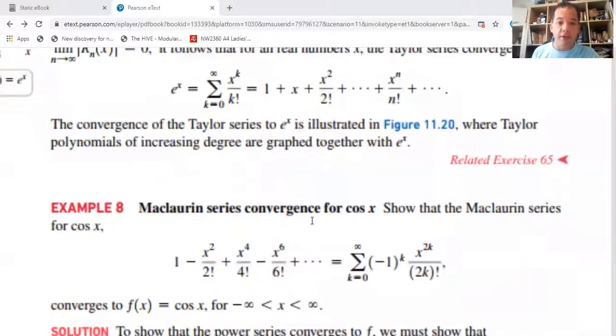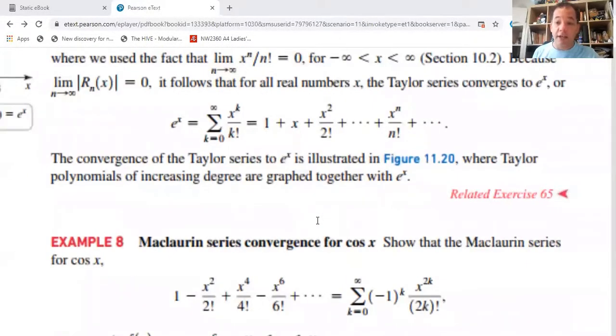So the function equals the Taylor series when the Taylor series is convergent. All right? So let me show you now a summary of all of these important power series.